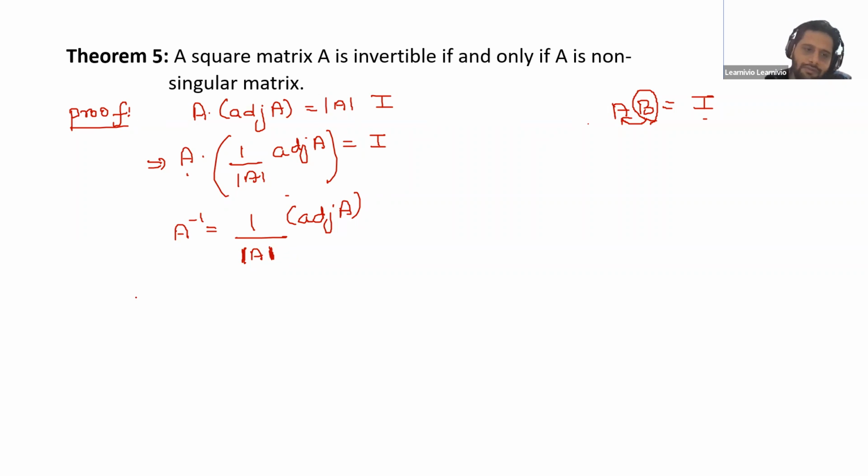So A inverse exists when the determinant of A is not equal to zero, that is, A is non-singular.